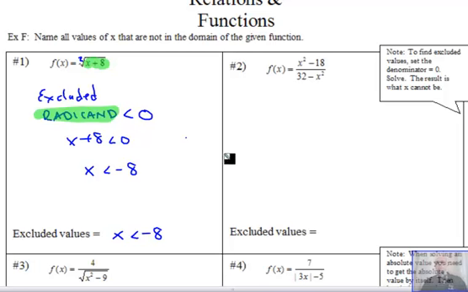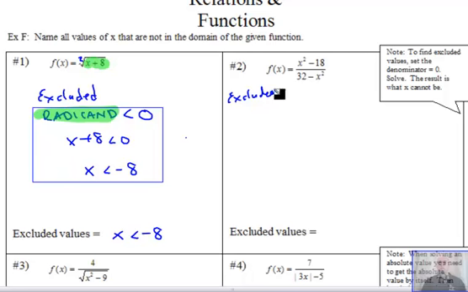Number 2, supposed to find values of x that are not in the domain. That means excluded values. If you have a fraction, which we do here, to find the excluded values, take your denominator, set it equal to 0. Our denominator, that's the bottom of the fraction, is 32 minus x squared.